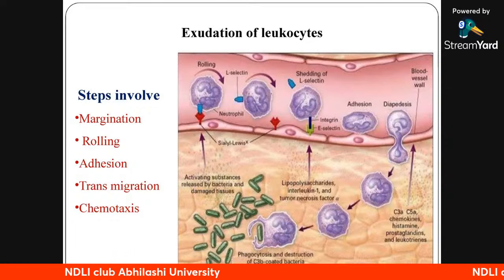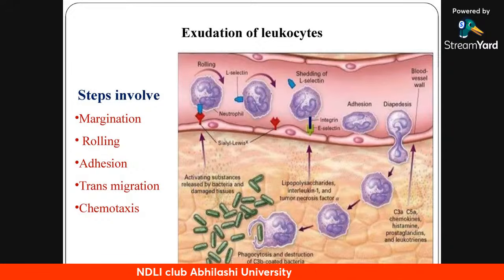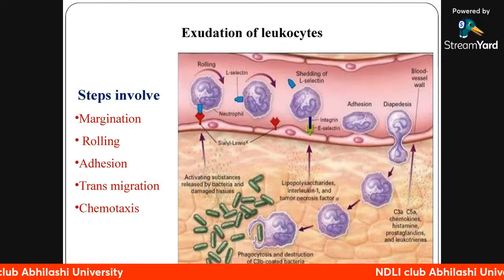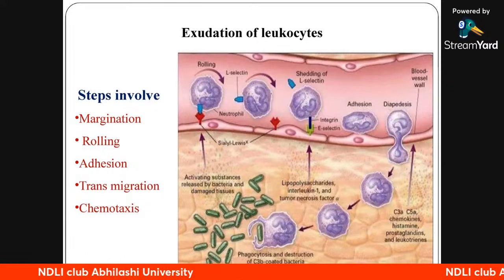Rolling: peripherally marginated neutrophils slowly roll over the endothelial wall. Rolling along the endothelium is facilitated by lectins and corresponding ligands on the endothelial wall and on the surface of neutrophils.